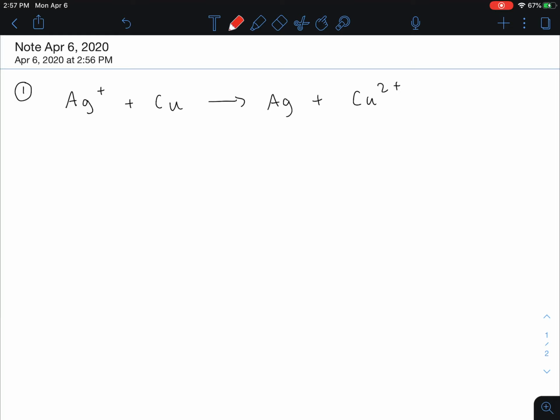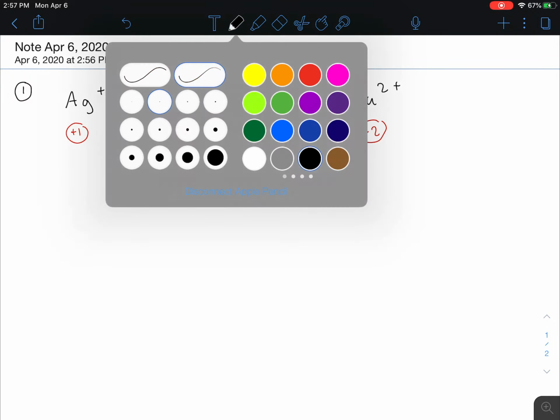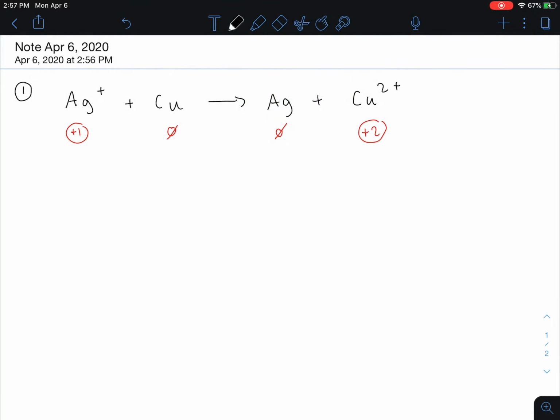Everything's just an isolated ion or just a metal. So we know as it is, the silver ion is +1, copper is 0, silver is 0, and then Cu2+ is +2, right? Metals in their standard state are going to be 0, and then if it's an ion, the charge will just be whatever the charge on the ion is.